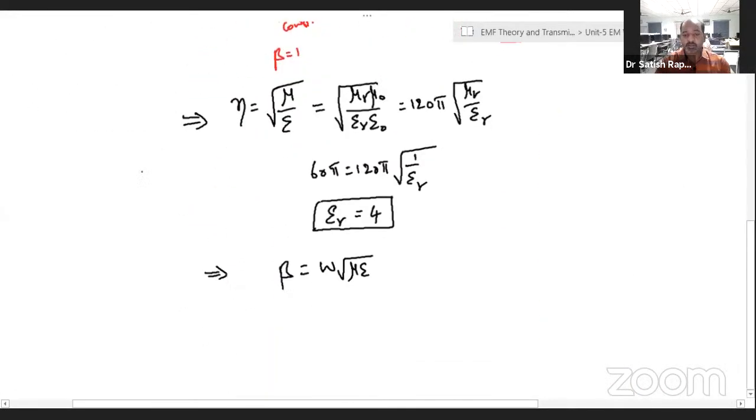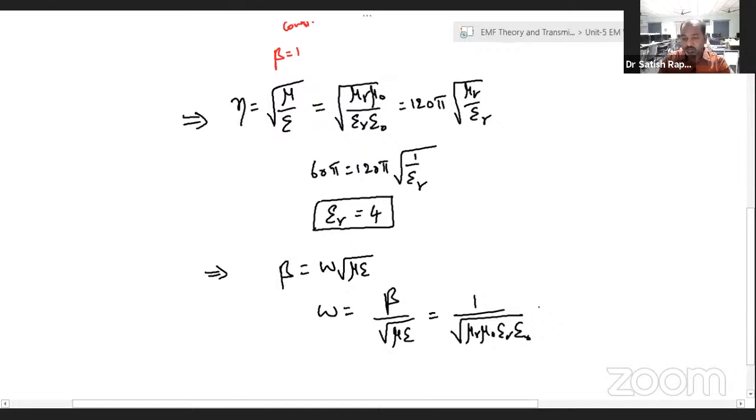So coming back to the problem, beta is equal to omega root mu epsilon, and we need to determine omega, which is equal to beta by root mu epsilon. So beta is 1, and root over mu epsilon we can write as mu r mu naught epsilon naught.